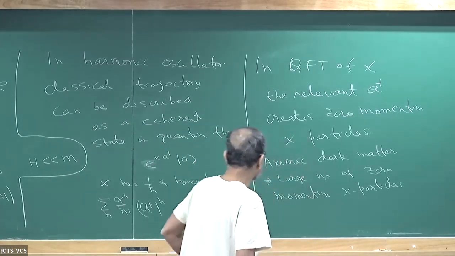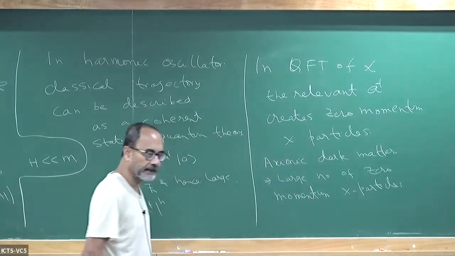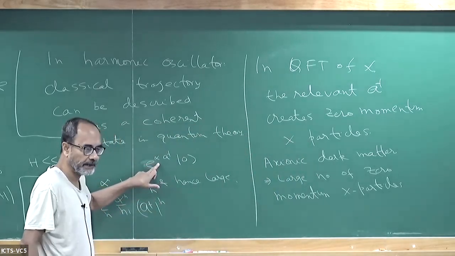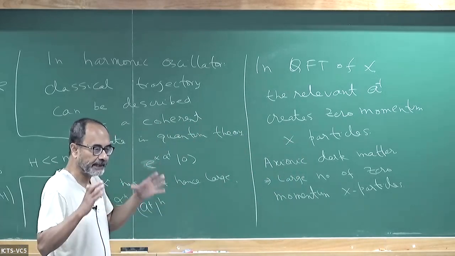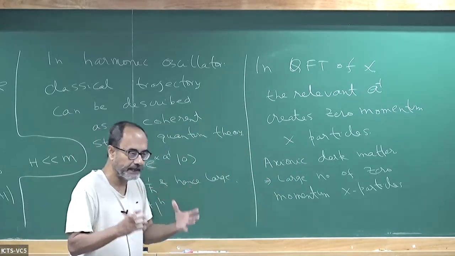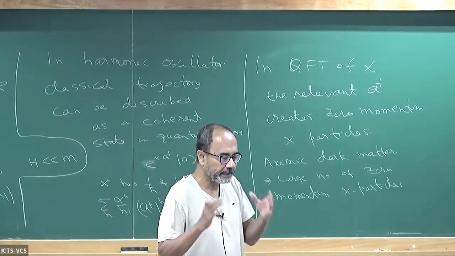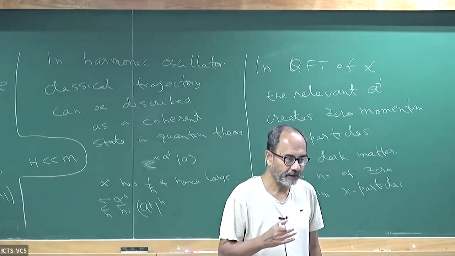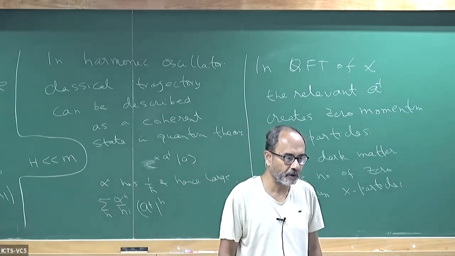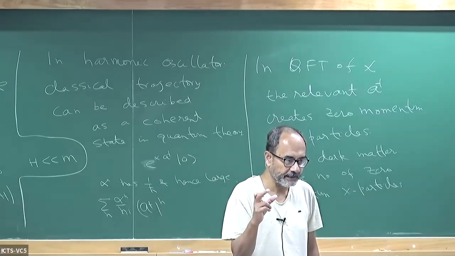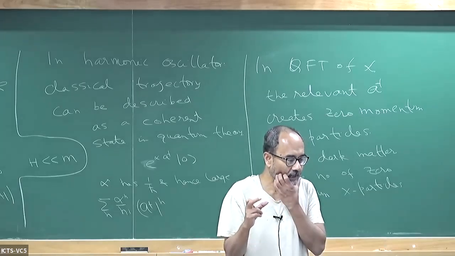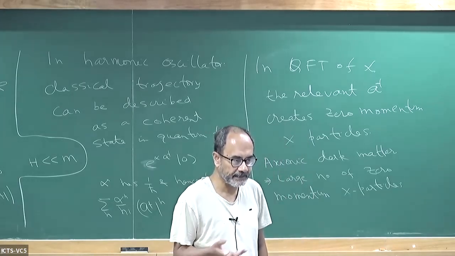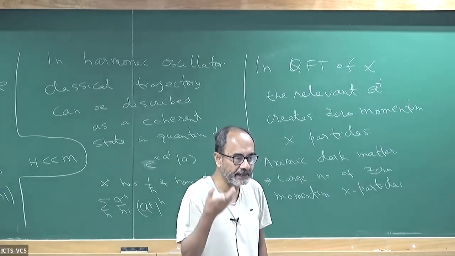If you try to represent a classical state as a coherent state, you find that alpha goes as 1 over h bar. Suppose you try to calculate the expectation value of the energy. There is an h bar squared over 2m, or if I use the creation annihilation operators, it's h bar times a dagger a. The classical state has energy independent of h bar, so something has to cancel that h bar.